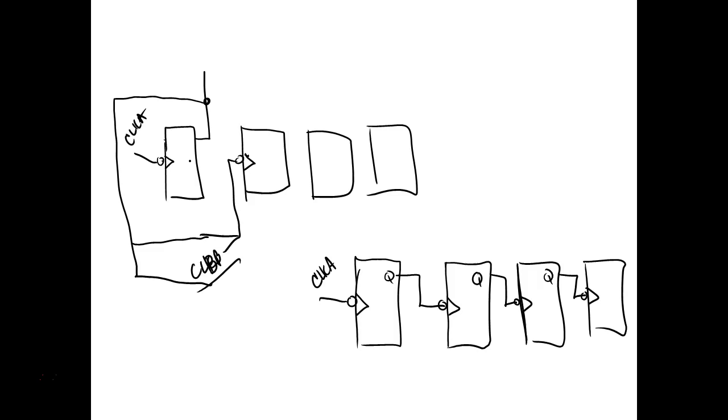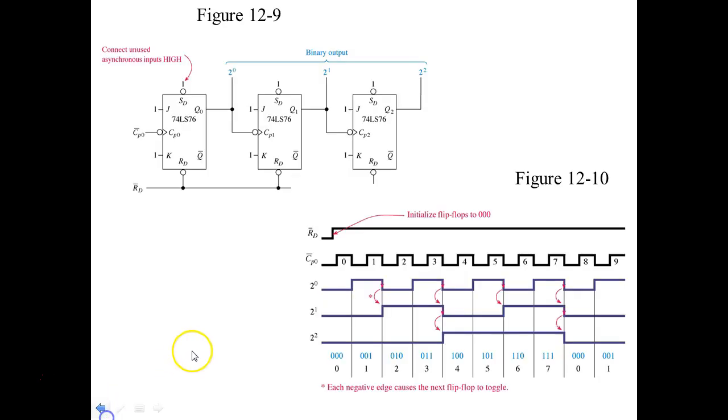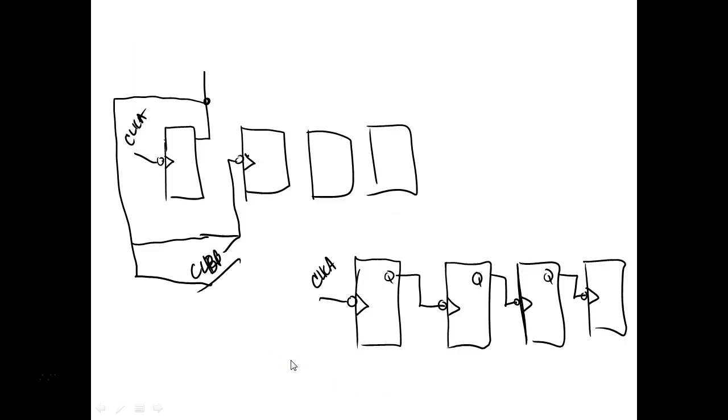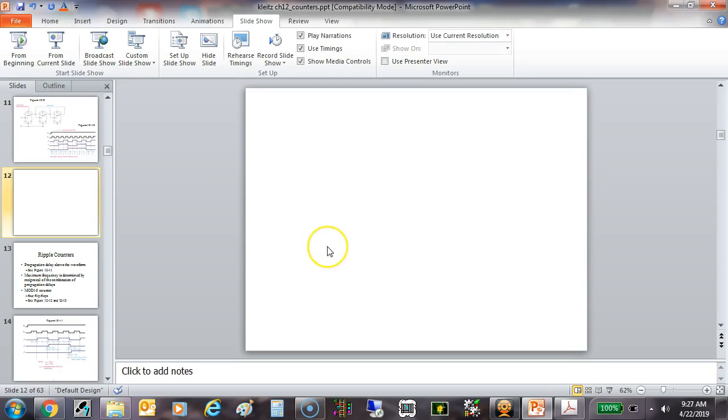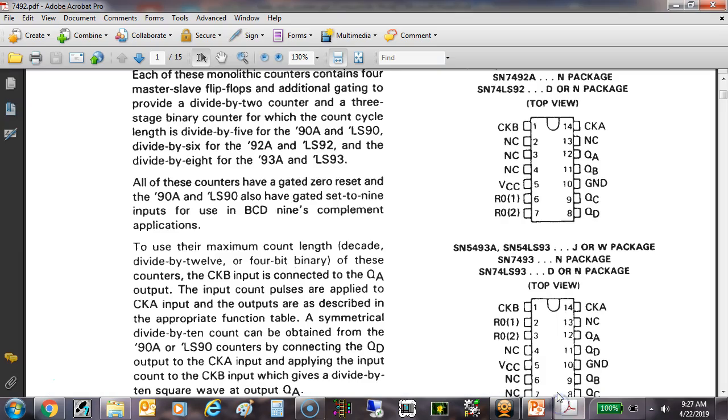That's not done internally. So when I wired this thing up for the lab, what I had to do is take the QD output and bring it back into the clock B input.